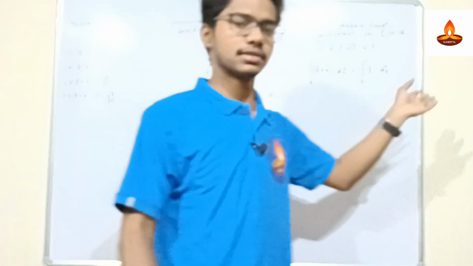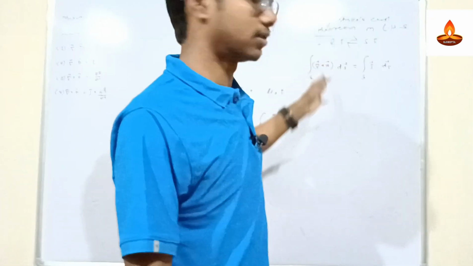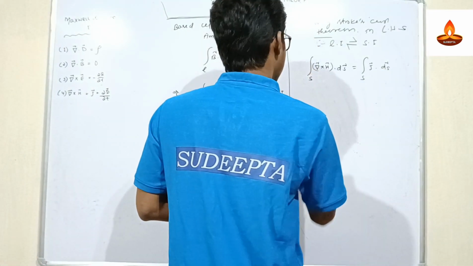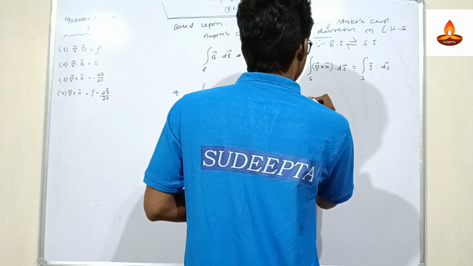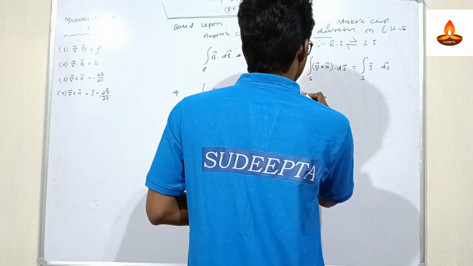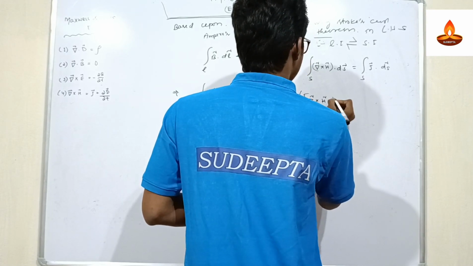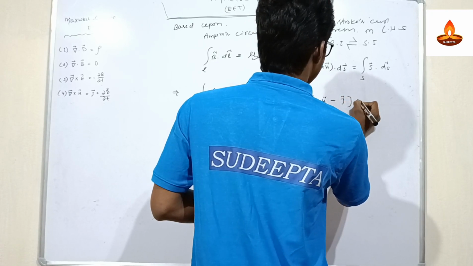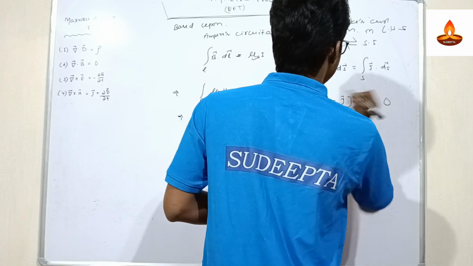The right hand side is already the same. What will happen if we take it to the left side? It implies the surface integral of curl of H minus J, dot ds, is equal to 0.